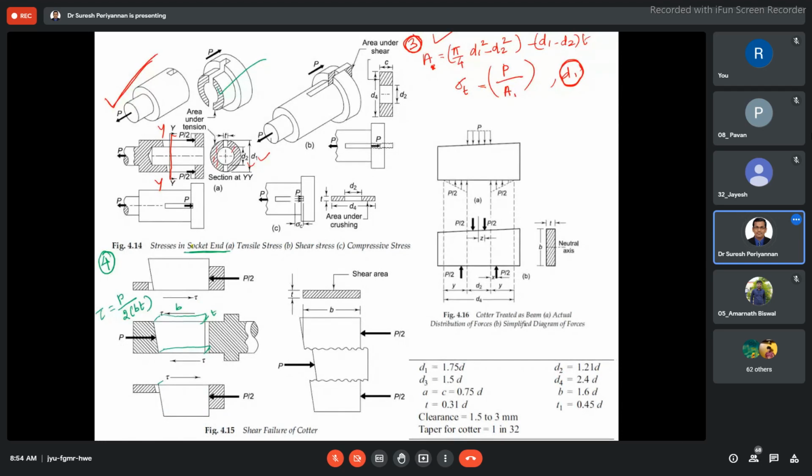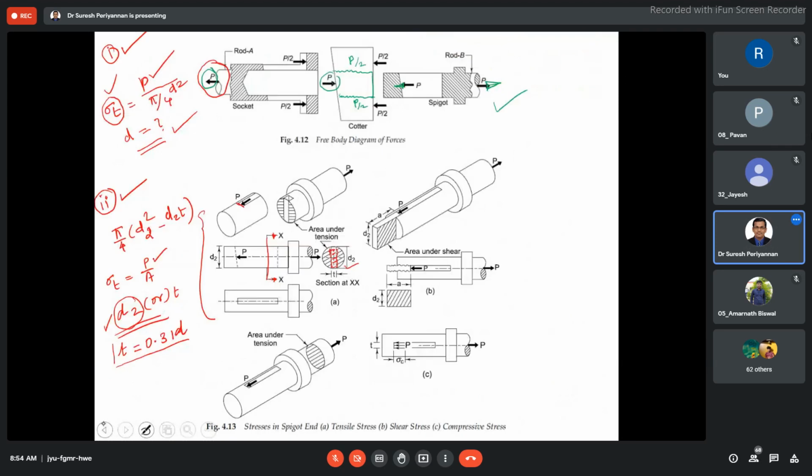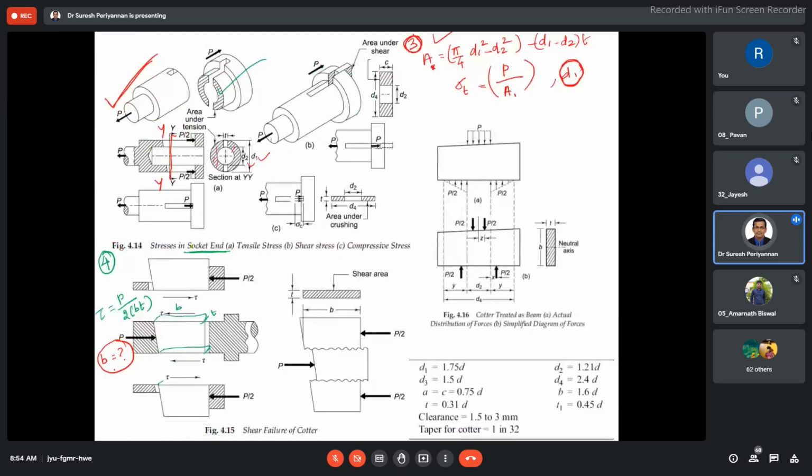From this relation we are able to find out the width of the quarter B. As I told you earlier, we can use the relation for finding T, the thickness of the quarter. Now we are able to find the width of the quarter.